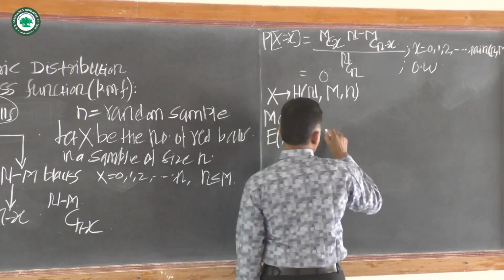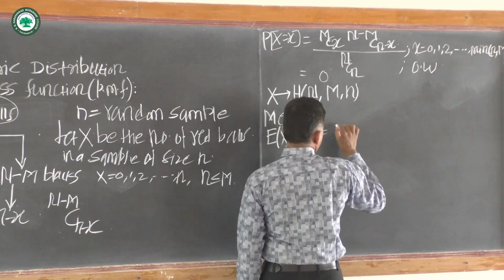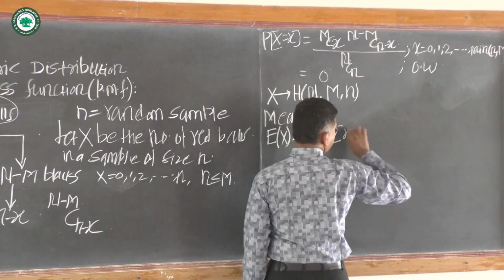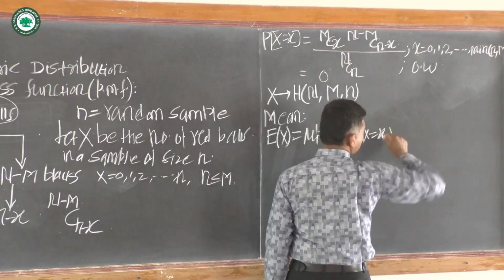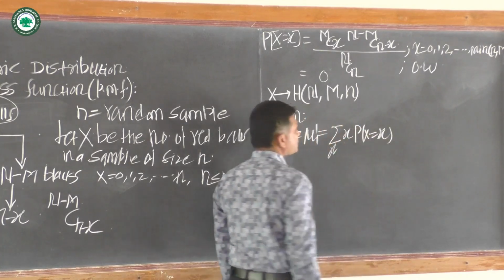mu1 dash, which is equal to the summation of x into the probability of X equal to small x, summation over x.